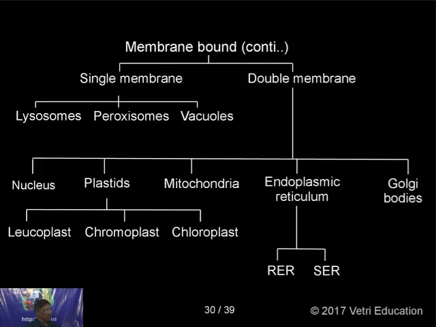They undergo photosynthesis, the main role of photosynthesis. Regarding the endoplasmic reticulum, some are called rough endoplasmic reticulum and some are smooth endoplasmic reticulum. Endoplasmic reticulum attached with ribosomes is called rough endoplasmic reticulum. When not attached, those are called smooth endoplasmic reticulum.